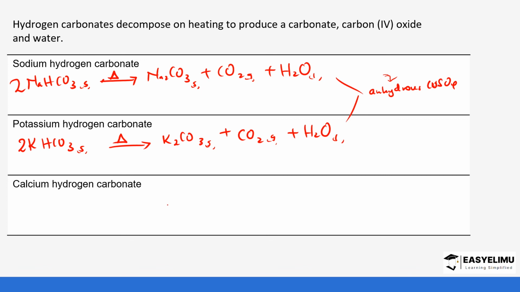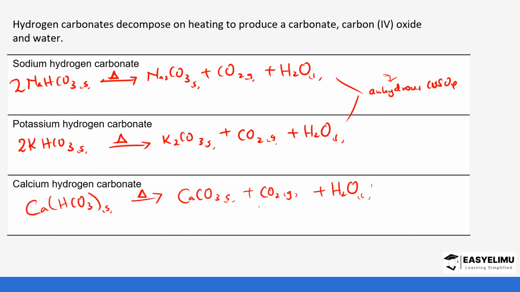So calcium hydrogen carbonate. When you heat it, you form calcium carbonate plus carbon dioxide plus water. So let's see our equation. You notice our equation is balanced as well because we have two carbons this side. This is a 2 here.